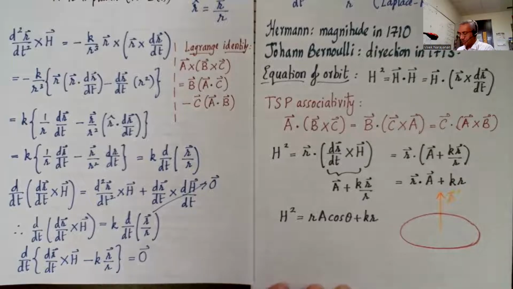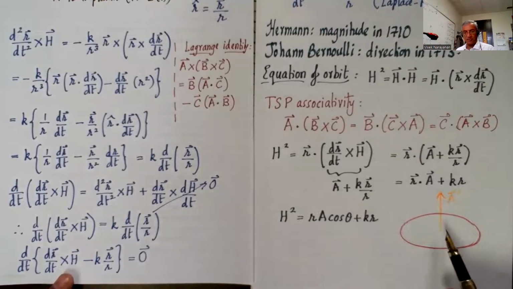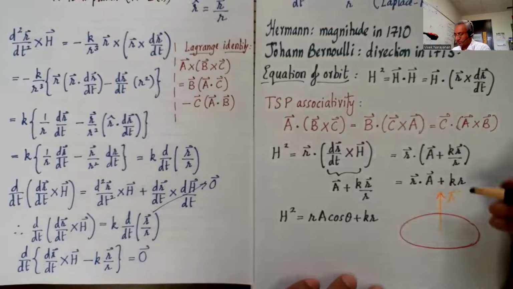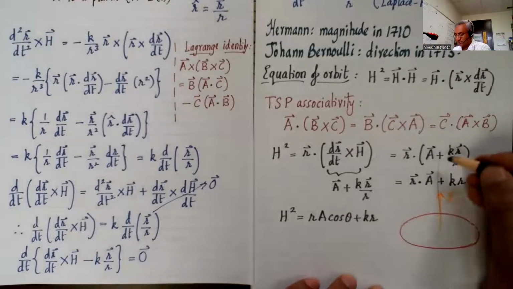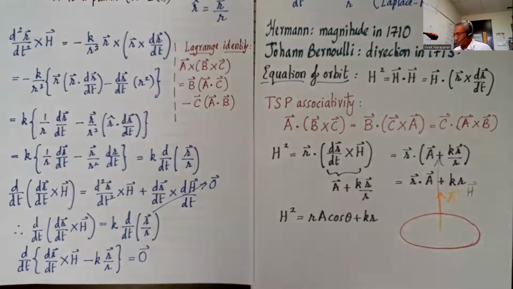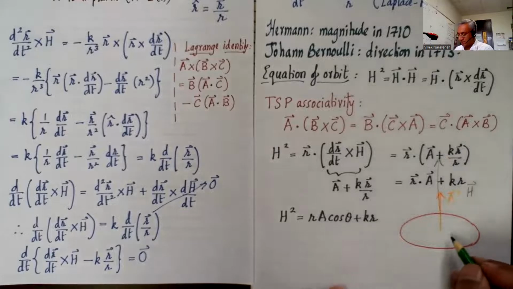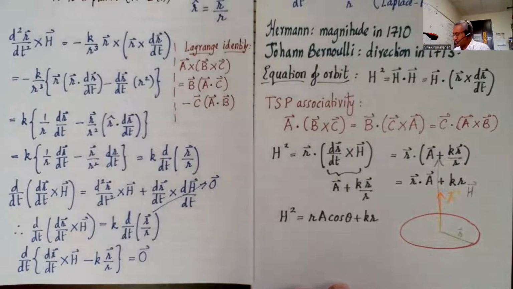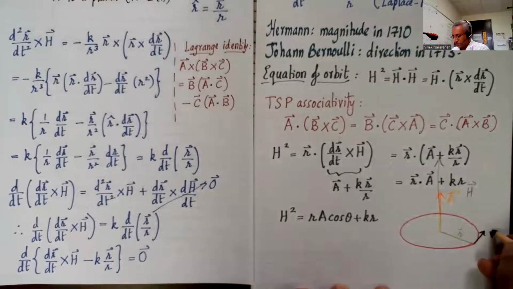Meanwhile, the direction, I told you the direction. The Hermann vector is going to be in this. Let me just lightly draw the Hermann vector so that you don't lose sight of it. That's h over there. That's the radius vector r. And the velocity vector is tangent to the orbit itself. So that's your velocity vector.